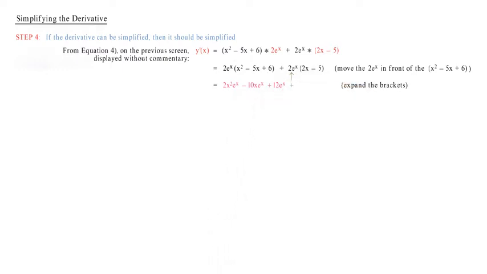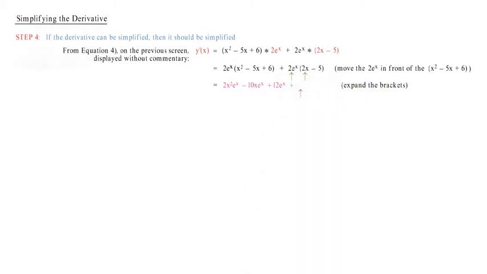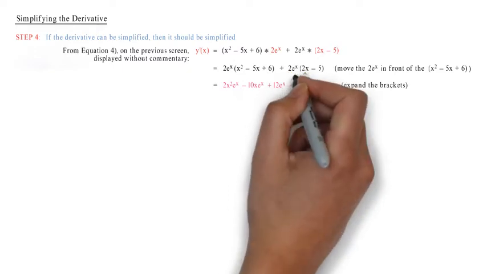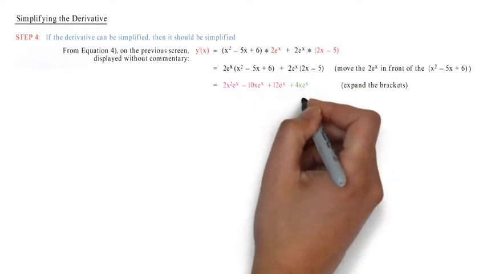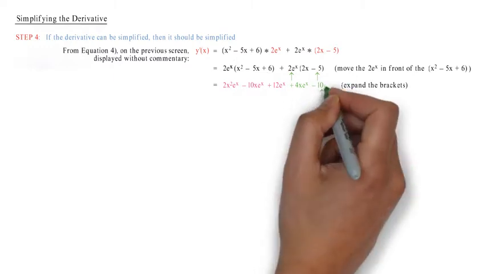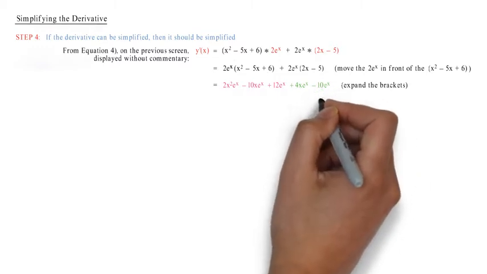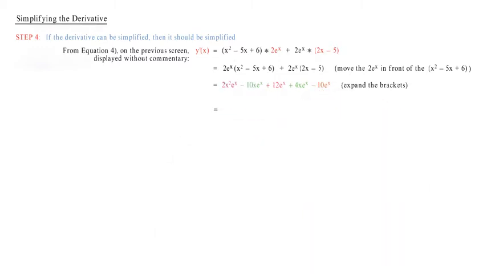Plus 2e to the x times 2x is 4x e to the x. 2e to the x times minus 5 is minus 10e to the x. Equals.